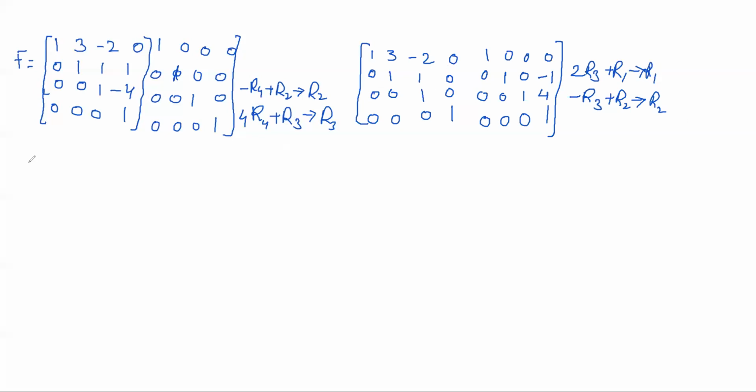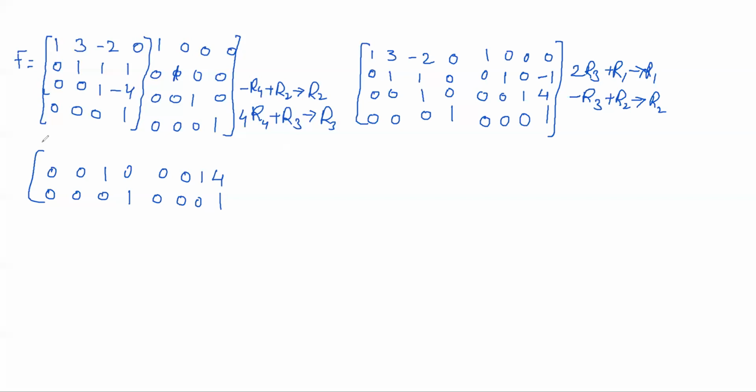So now row 1 and row 2 will change, and row 4 and row 3 will remain the same. So I will write them down as it is: 0, 0, 1, 0, 0, 0, 1, 4.